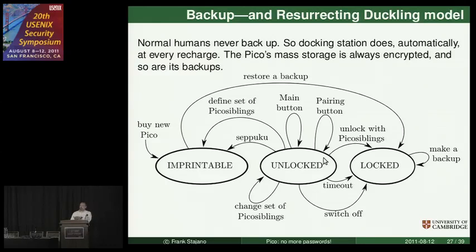So a locked backup contains the link between the Pico and its Pico siblings, and so it can be unlocked only by the presence of K of the appropriate Pico siblings.